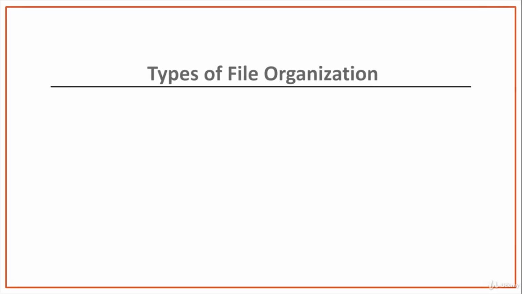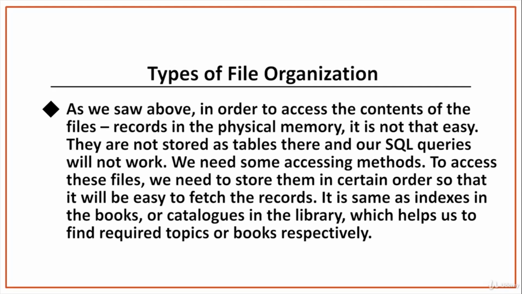As we saw above, accessing the contents of the files and records in the physical memory is not that easy. They are not stored as tables there, and our SQL queries will not work. We need some accessing methods. To access these files, we need to store them in a certain order so that it will be easy to fetch the records.